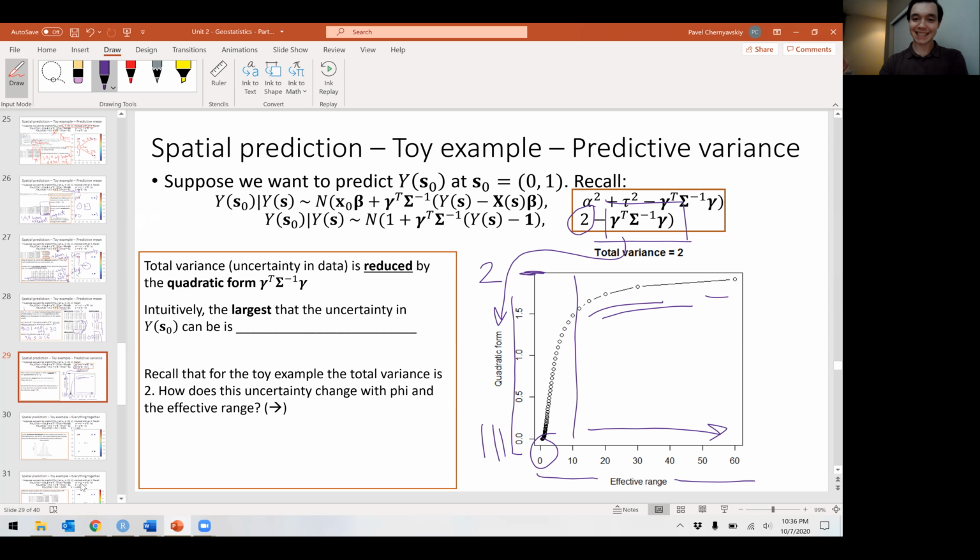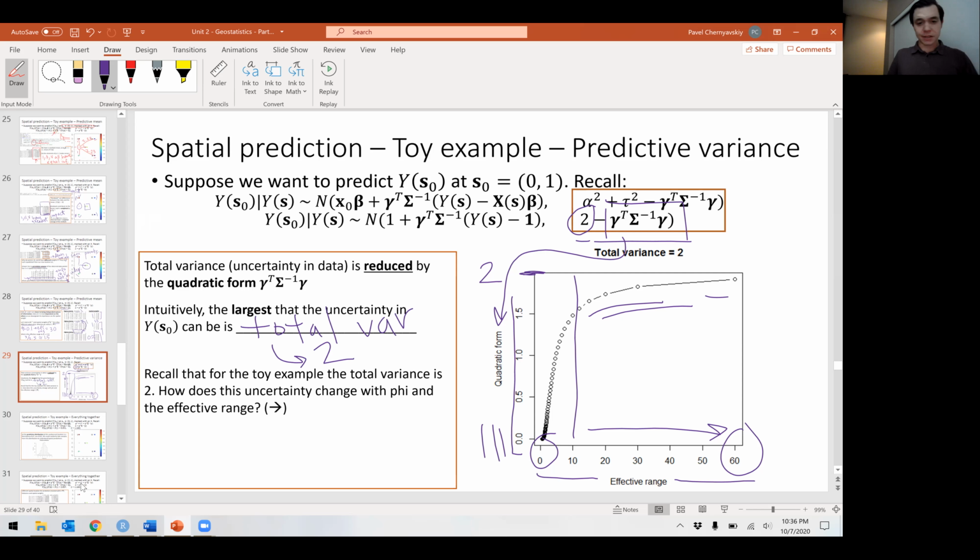Even when our data are correlated to a completely ridiculous degree, we still can't reduce our uncertainty by more than 2. Remember that this gamma term is scaled by the spatial variance as well. So intuitively, the largest that uncertainty in our prediction can be is the total variance, which in this case is 2.